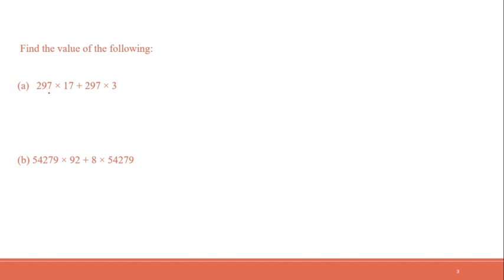Here 297 is common because in both the terms there is a 297, so we can write it here, 297. It is in multiplication, then we can make a bracket, and in this bracket we'll just add these two terms, right? This is how we were doing these kinds of questions. So 17 plus 3.